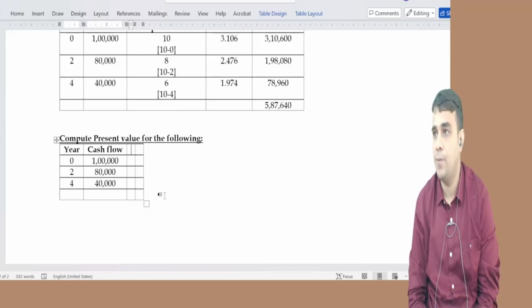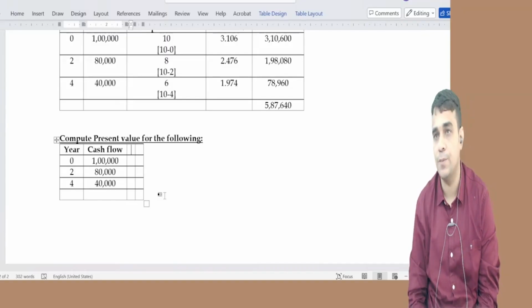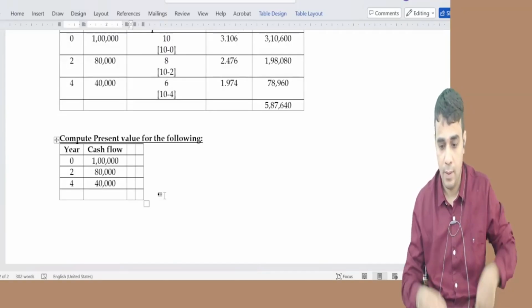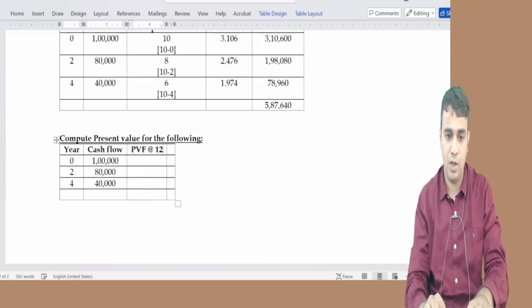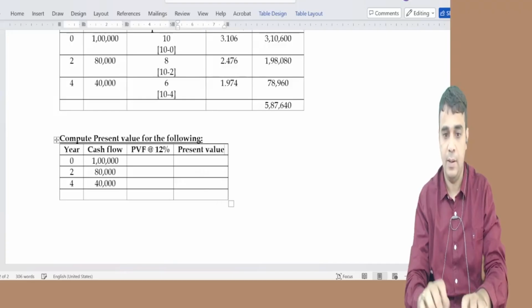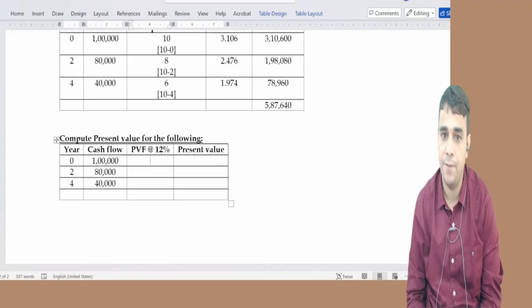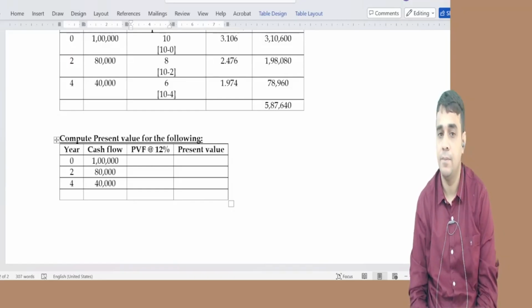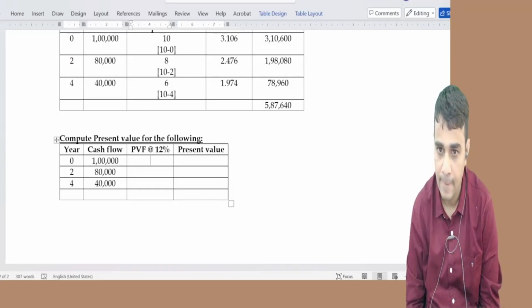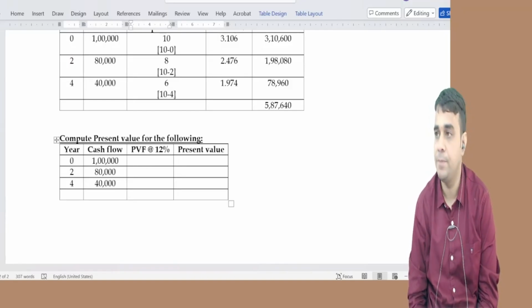Year 0, year 2, year 4. PVF at 12% and present value. In future value I got FVF. Here I'll get PVF.